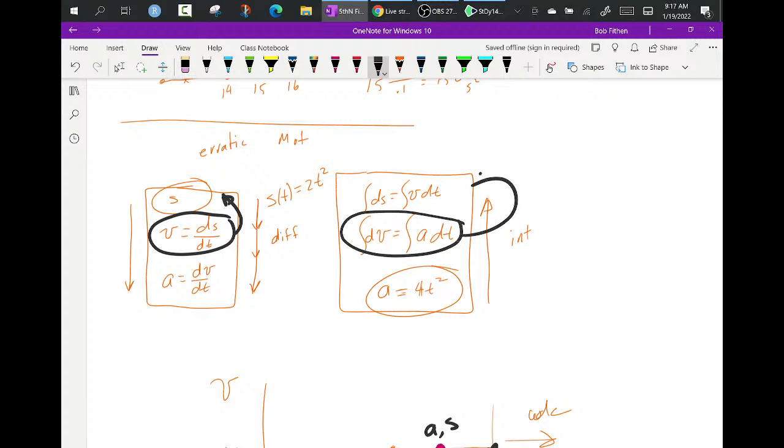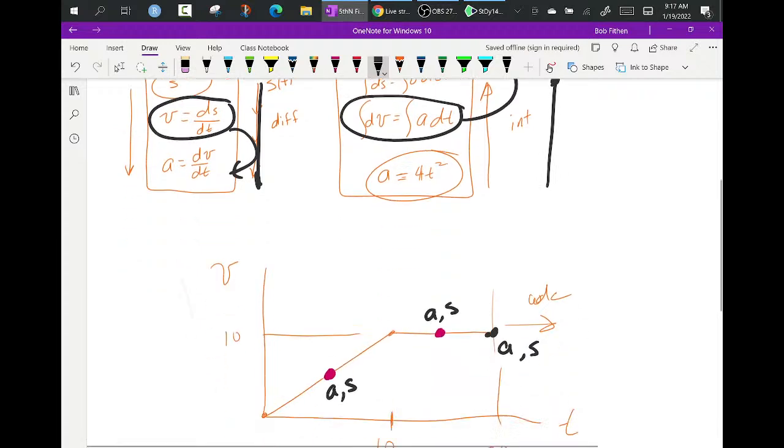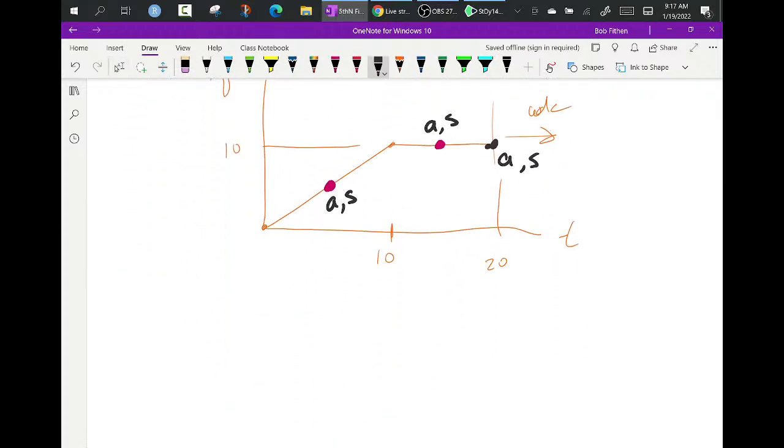To move to position, I have to take an integral. To move to the acceleration, I take a derivative. So I cannot do that, and I cannot do this. Again, the direction goes this way, direction goes this way. So what do we do?